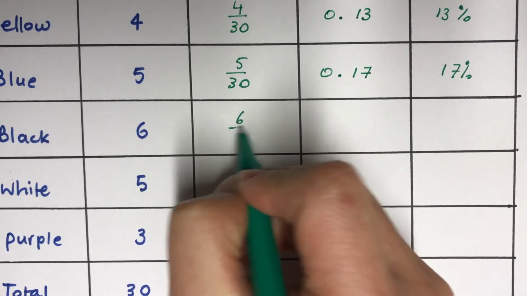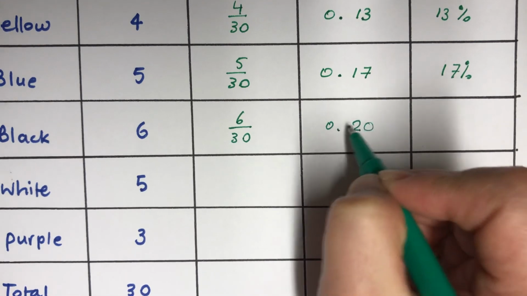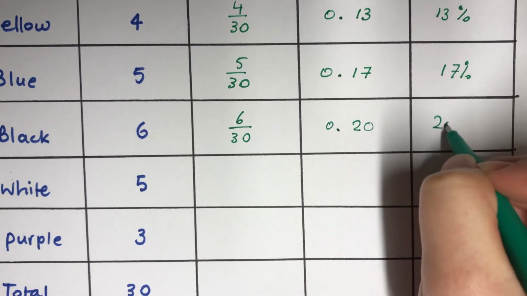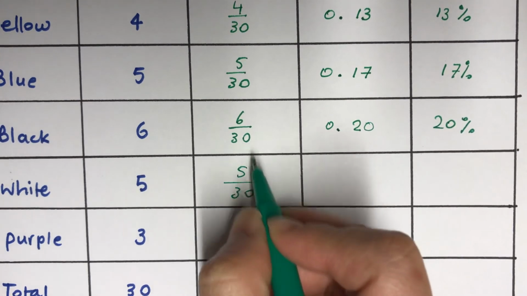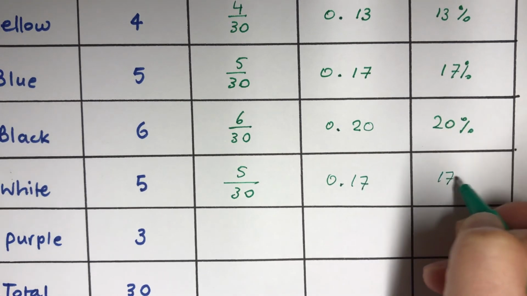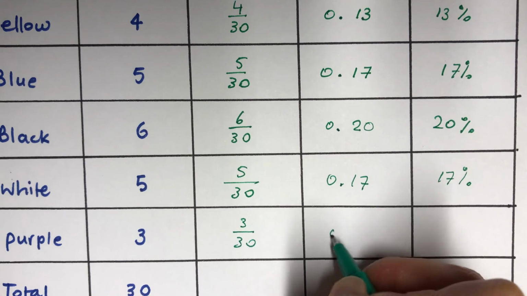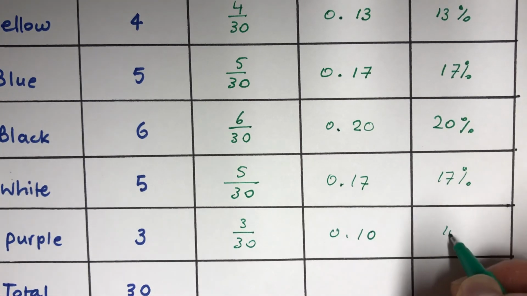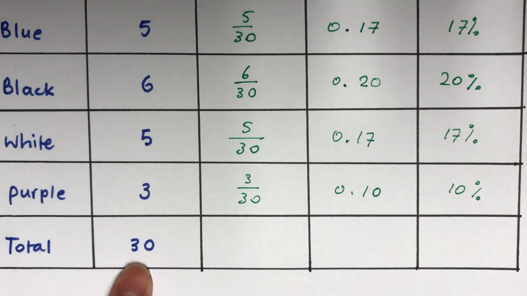So 6 over 30, 0.20, 20%. 5 over 30 was the same as the other one, 0.17, 17%. 3 over 30, 0.10, 10%.